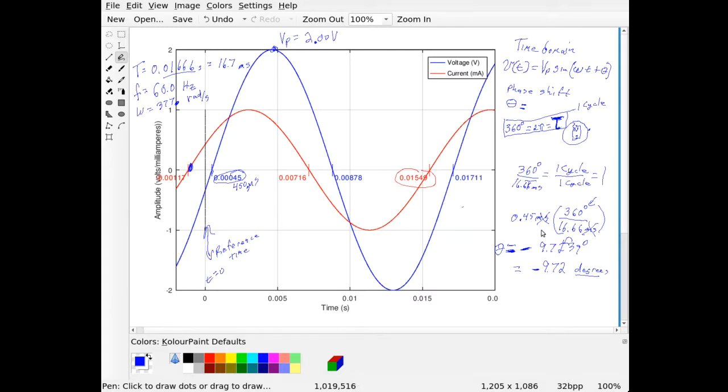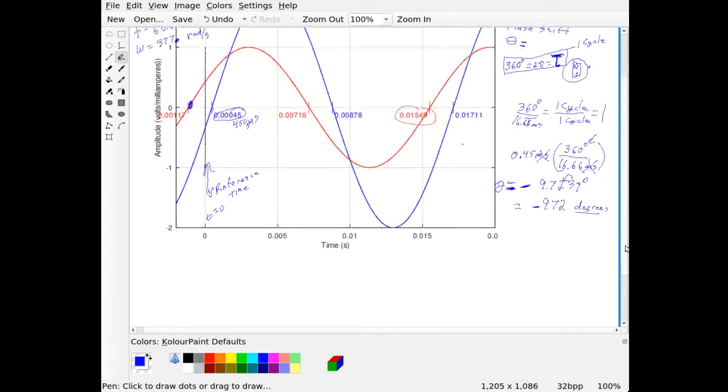All right, so our voltage waveform, we can write our time domain form for the voltage. V of t is equal to the peak value, which was 2 volts, so 2.00 volts, times sine of 377 t.